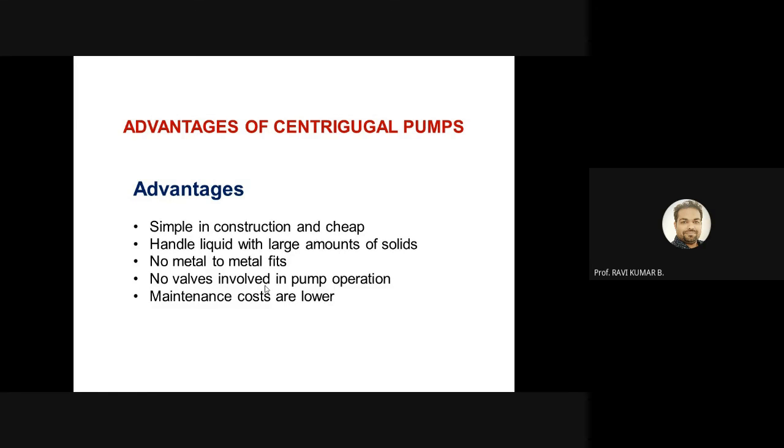So we are actually comparing with the reciprocating pump, but I have not introduced you to the reciprocating pump at present; that we will discuss later on. But to give you some idea, in a reciprocating pump there will be reciprocating motion of a piston in a cylinder, with a connecting rod and then a crankshaft. All those things are required. Wherever there is a piston-cylinder arrangement, it will require lubrication or a lubrication mechanism.